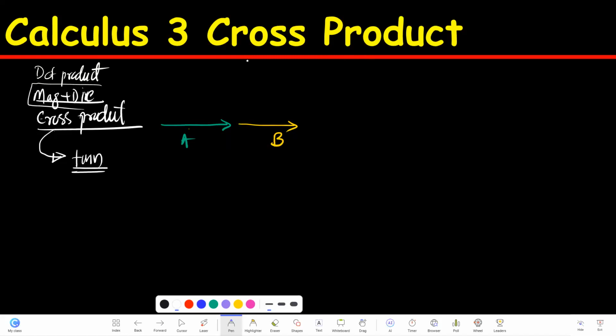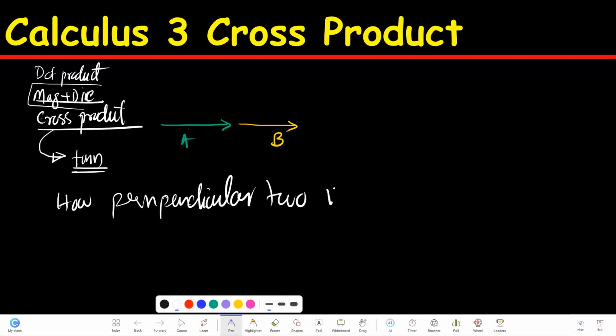So the cross product is basically measuring how perpendicular two vectors are. In this case, none.